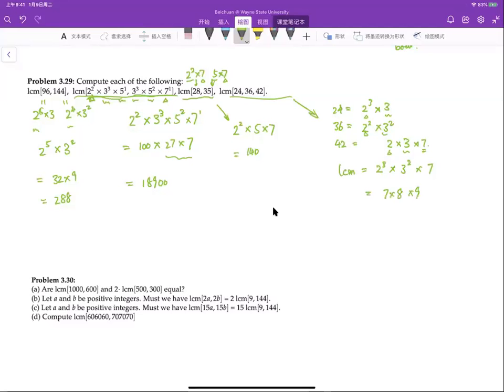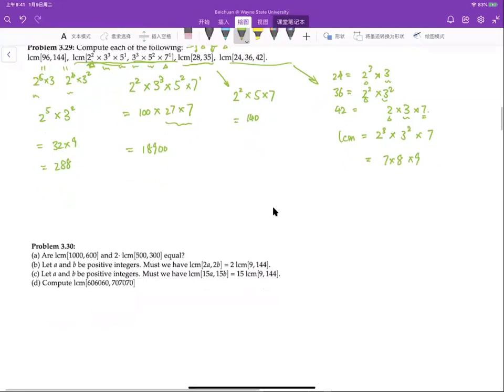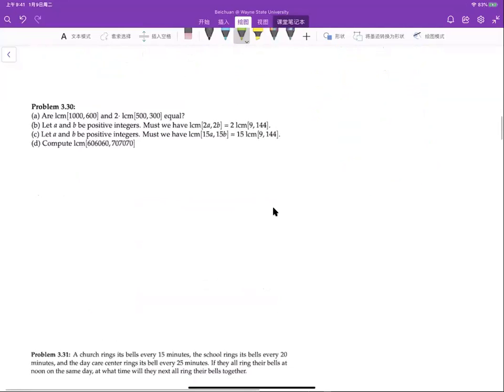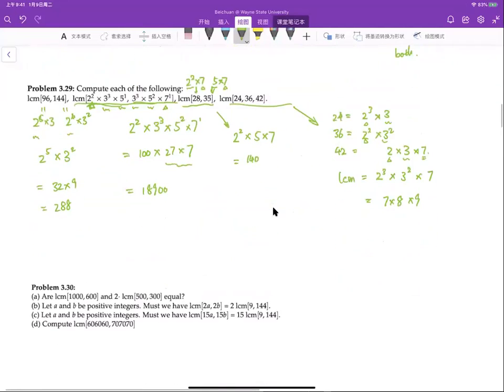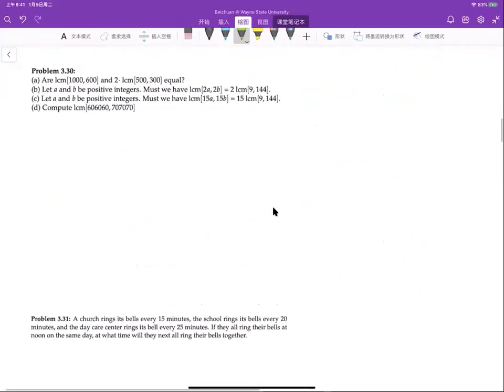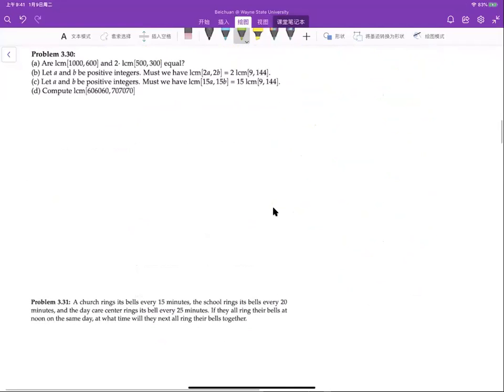All right, so any questions so far? No. Great. So this is the standard process to find LCM. I think the next 2 questions are pretty much the same thing. Let's go through them very quickly.